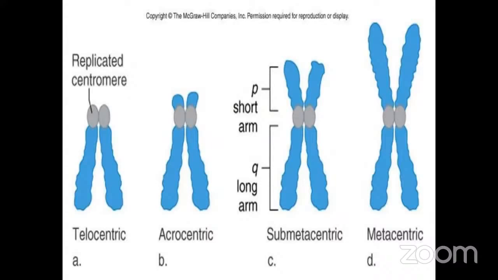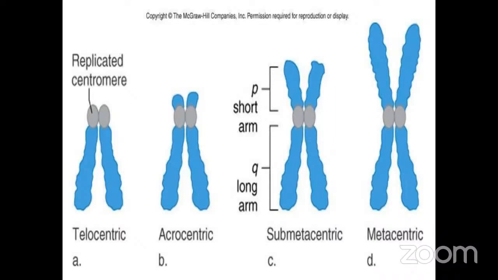In acrocentric, the centromere is located near the end of the chromosome. And in submetacentric, and in the metacentric chromosome, on the right side you can see D, the centromere is exactly at the middle position.